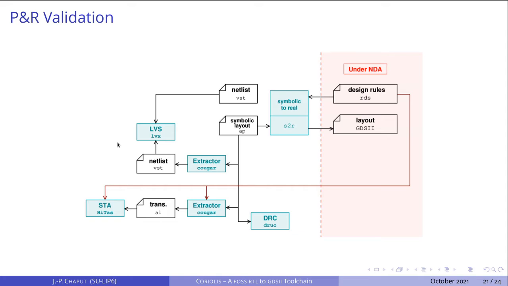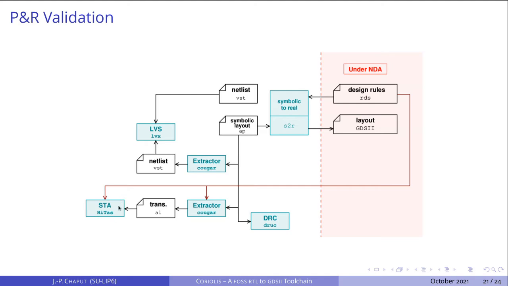And then we also have the timing analysis. Not only do we want to check that the netlist matches, but also that there is no timing problem inside the design. We perform a second extraction here, which gives us a netlist but with timings, and then we run it through a static timing analyzer.